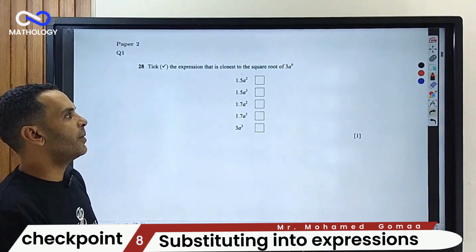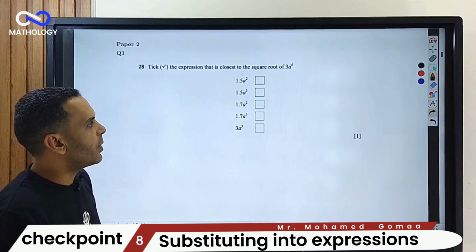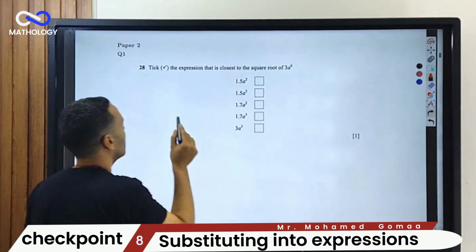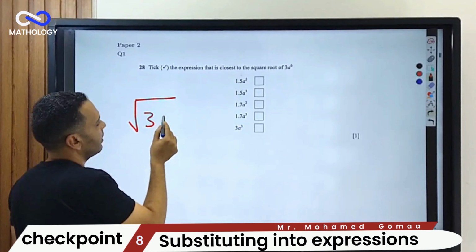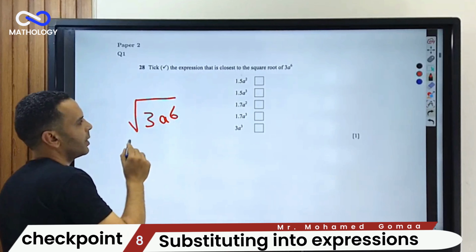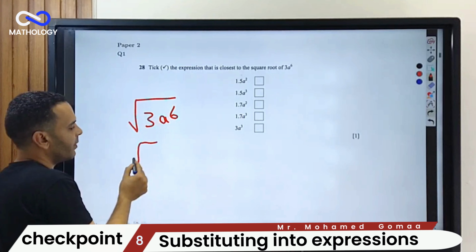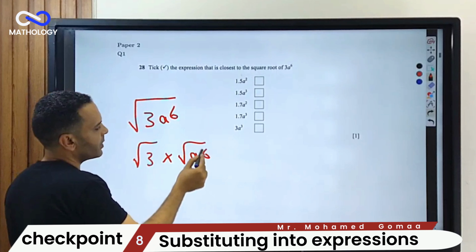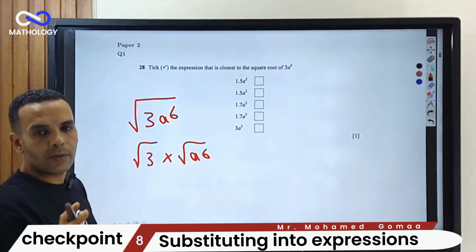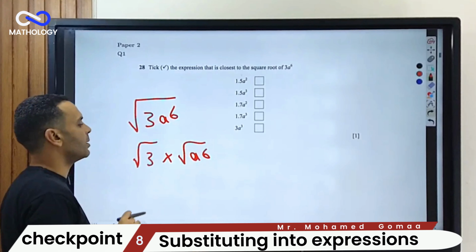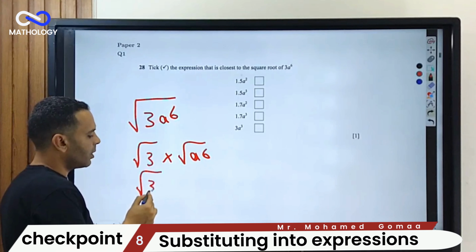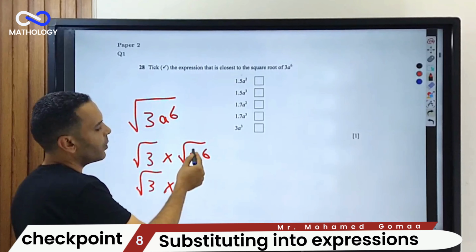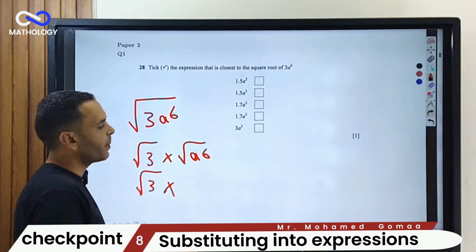Square root of 3, a to the power 6. Okay, that means square root of 3 times the square root of a to the power 6. Take the root of the number and of the letter. It will be square root of 3 times square root of a to the power 6.